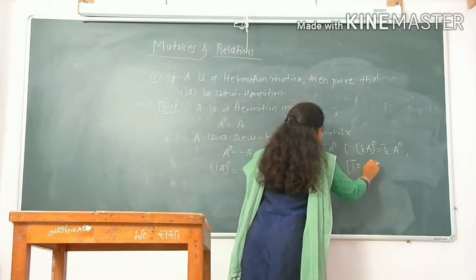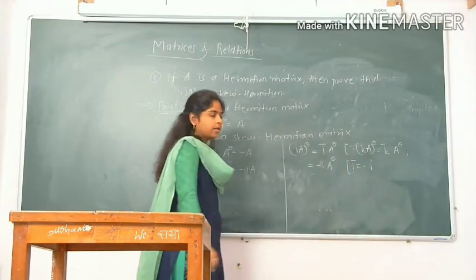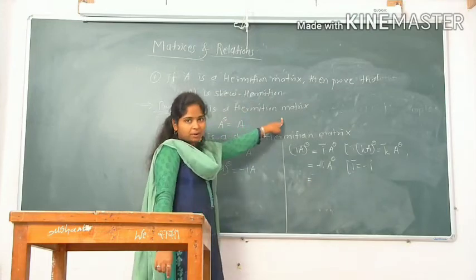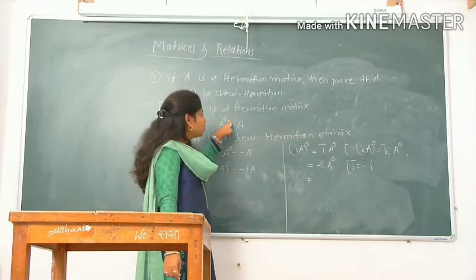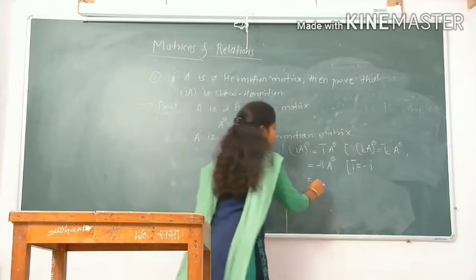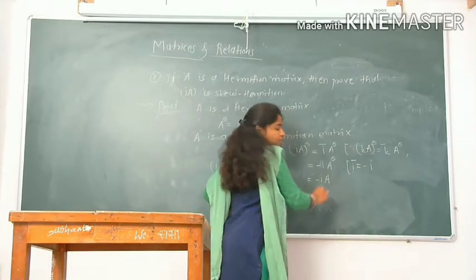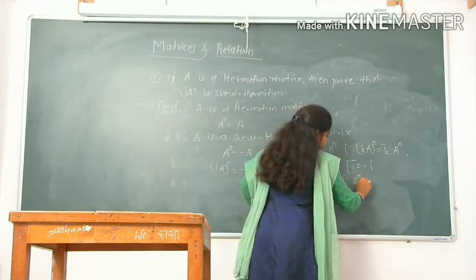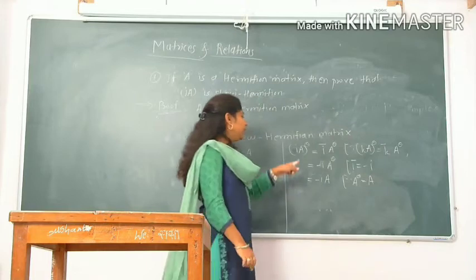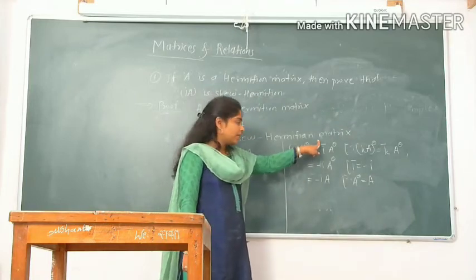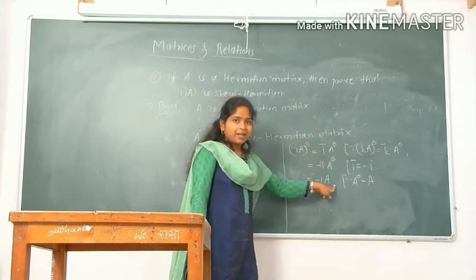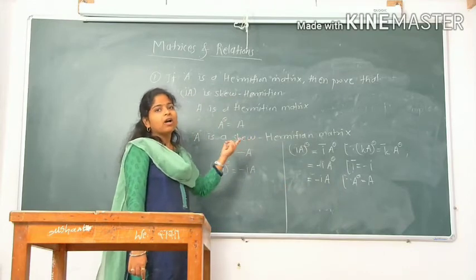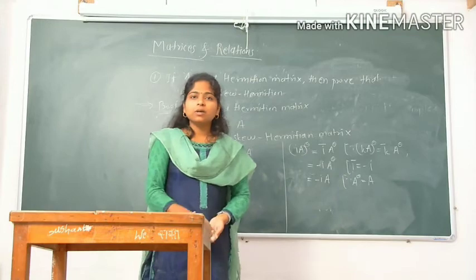Now, given that A is a Hermitian matrix, we have A raised to theta is equal to A. Therefore, we have i into A raised to theta is equal to minus iA. Therefore, by the definition of skew Hermitian matrix, iA is a skew Hermitian matrix.